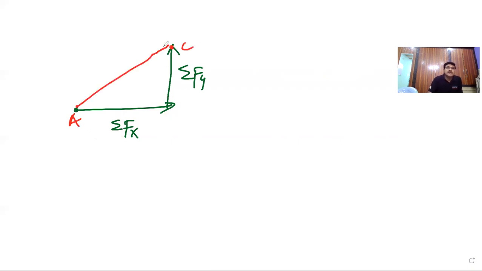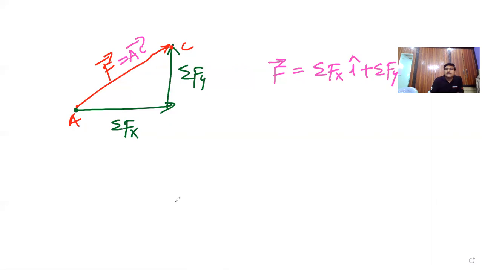Join this. This is the displacement. AC is the displacement, and I am indicating it as F bar. So F bar is sigma of all horizontal components into I cap plus sigma of all vertical components into J cap. F bar is the displacement, that is nothing but AC bar. Clear?